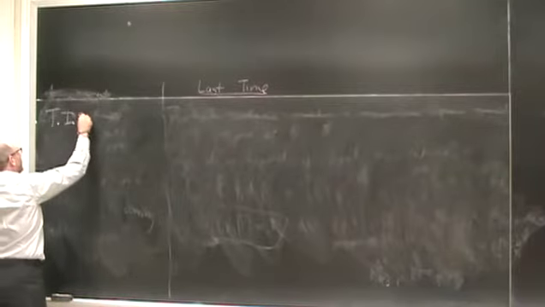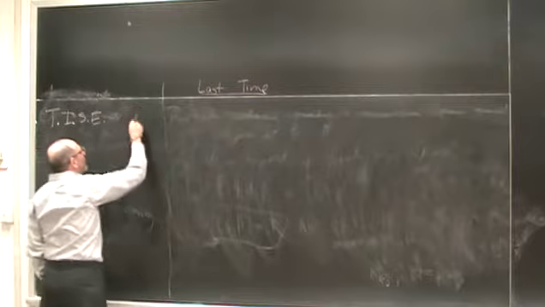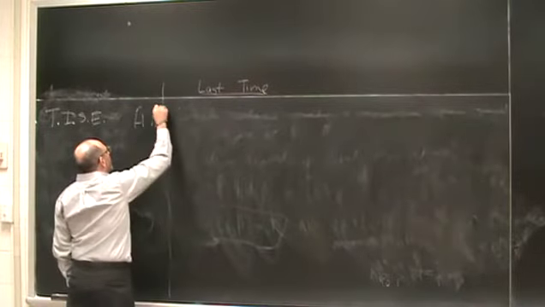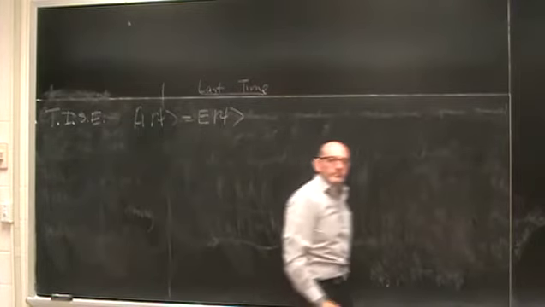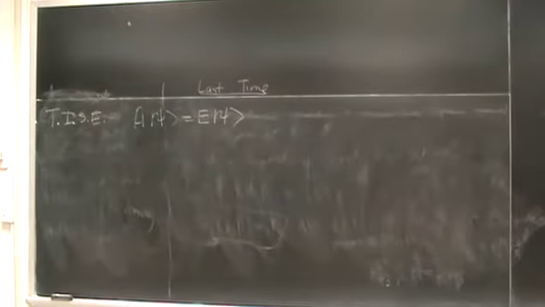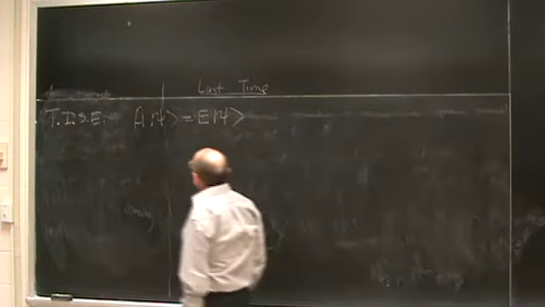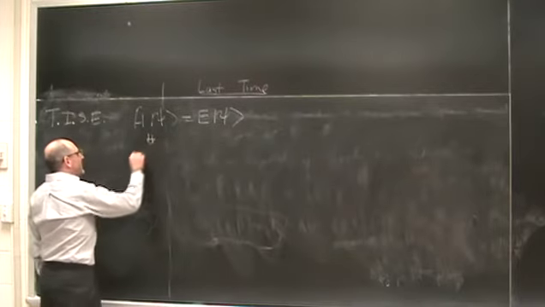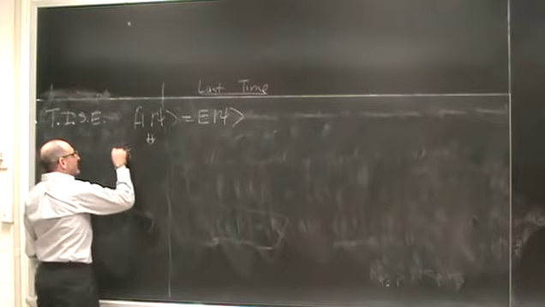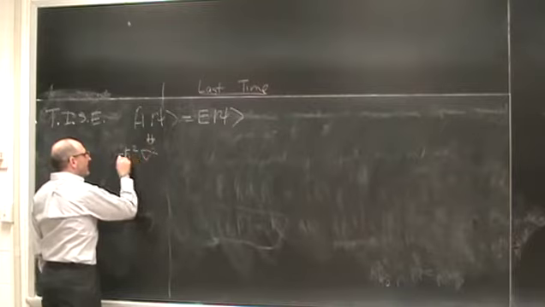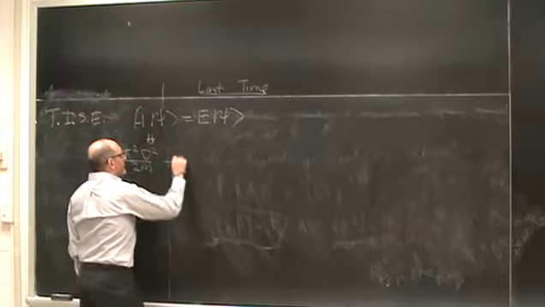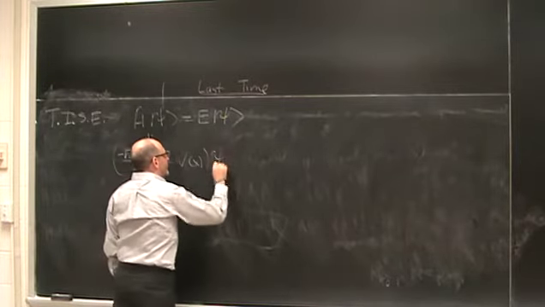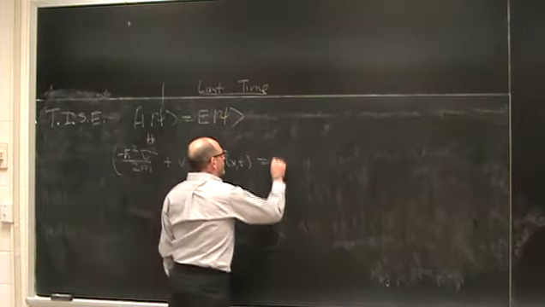Time-independent Schrodinger equation is just another name for the eigenvalue equation for energy. And in position representation, the Hamiltonian is p squared over 2m, minus h bar squared del squared over 2m, plus potential, acting on psi equals E psi.